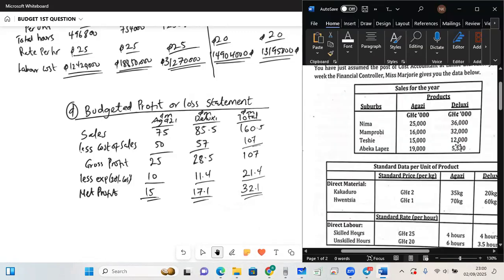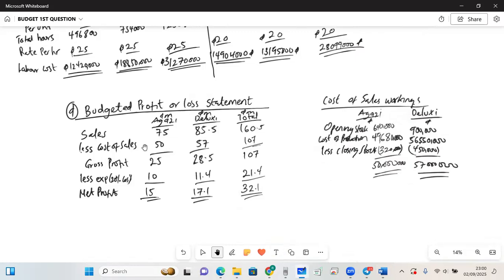When we added all of them, we had 75 million for Agazi, and we had 85.5 million for Deluxe. Now, the cost of sales is what we are having here, 50 million and 57 million. So I brought them here as well. Now, when we subtract the cost of sales from the sales, we get a gross profit.